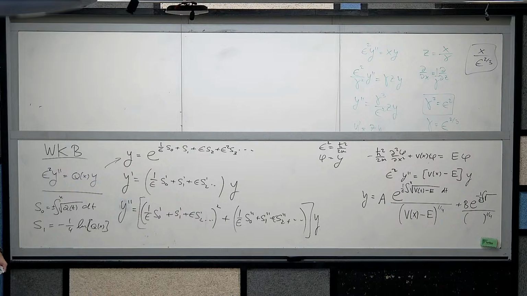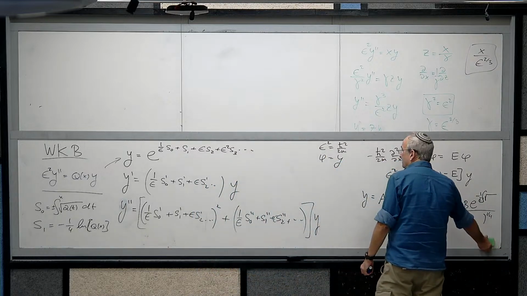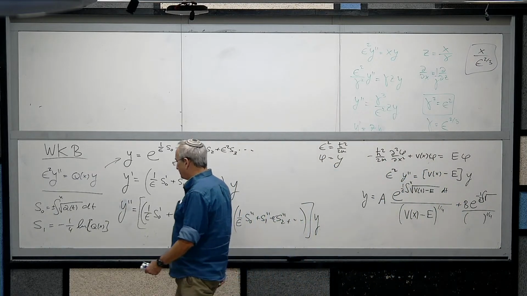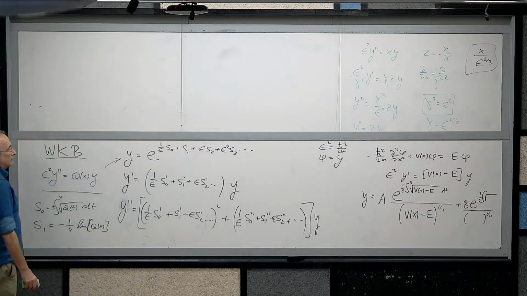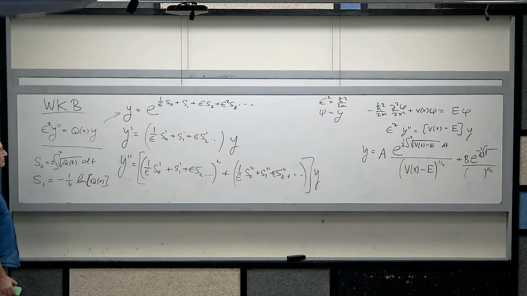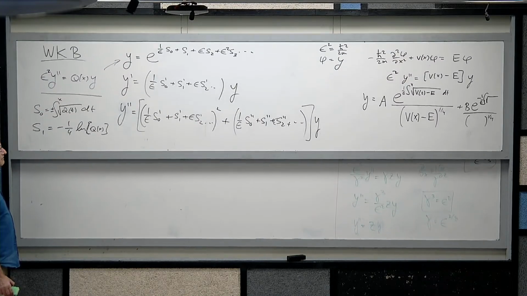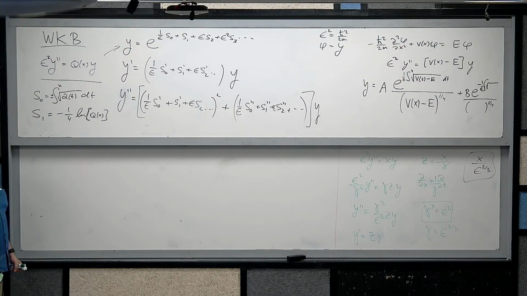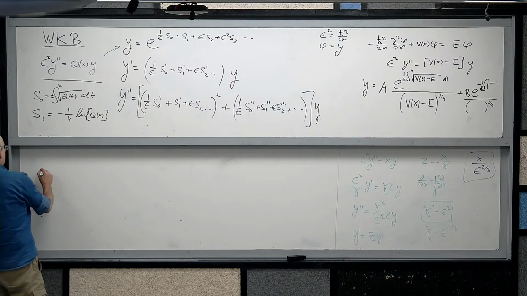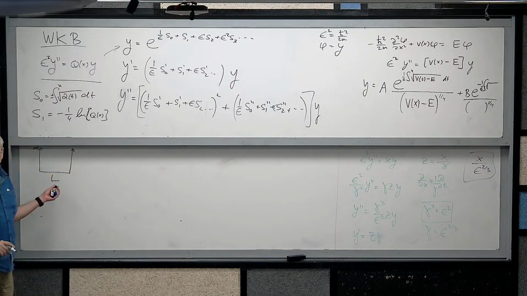Okay? Good. So let's solve the simplest problem on Earth, namely, not really simple, but it has its own difficulties: an infinite potential well of width L. The potential is infinity outside and 0 inside, right?